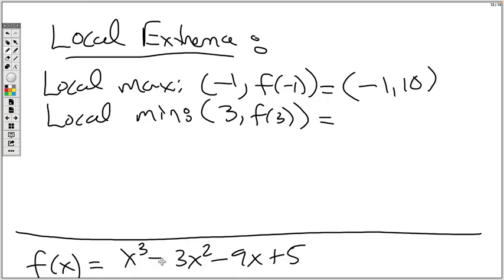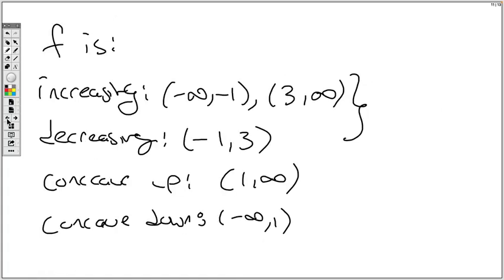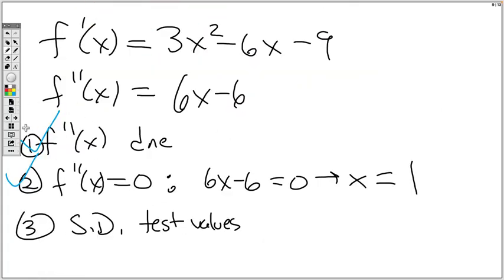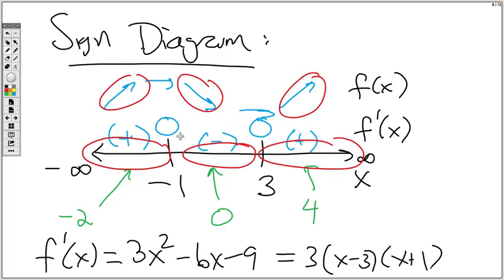So these things are going to cancel out. This gives you another 27, but it's negative. Plus 5 is -22.